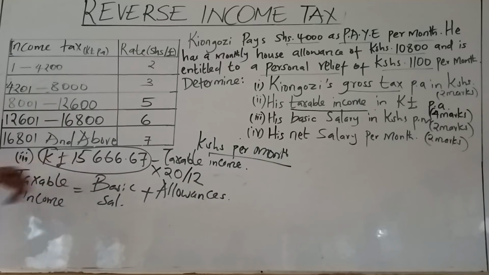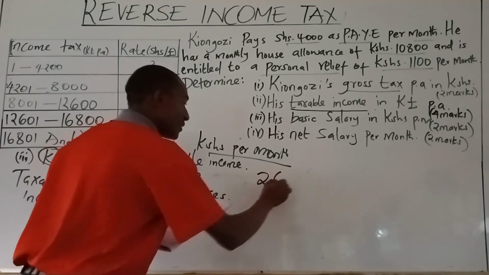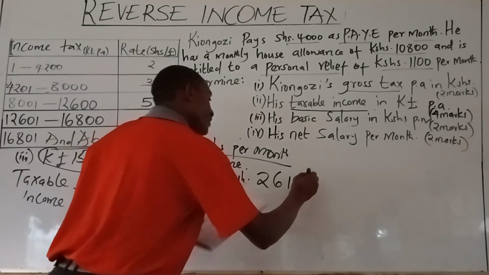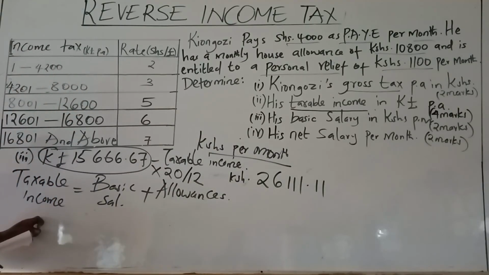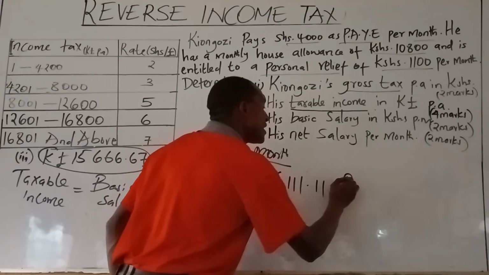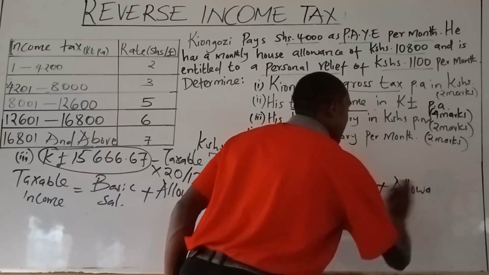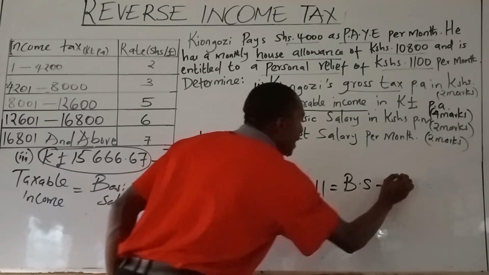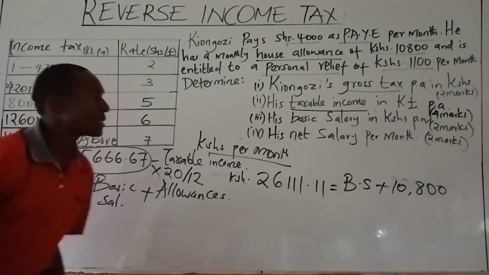When you do that, you get 26,111.11, and then as your taxable income, which is equals to basic salary, which I'm calling BS, plus allowances. You can see we have just one allowance, that is house allowance, so we say plus 10,800.